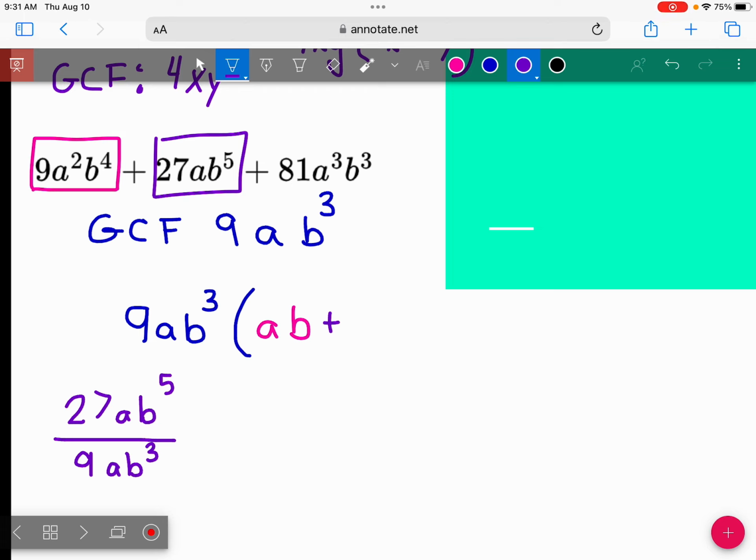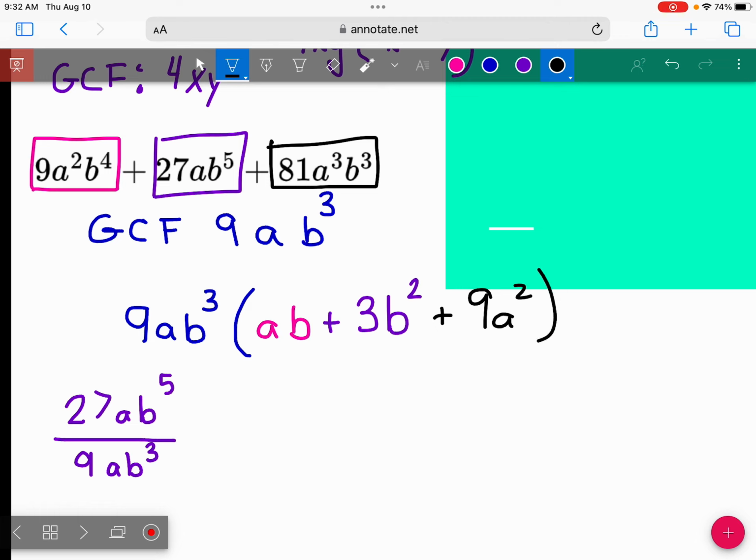What's left over when I take 9ab cubed out of 27ab to the 5th? 3b squared. Then I have 81a cubed b cubed. 9a squared. That's it.